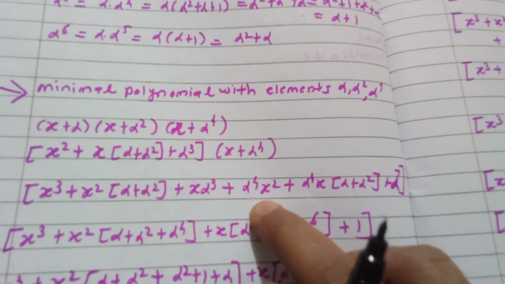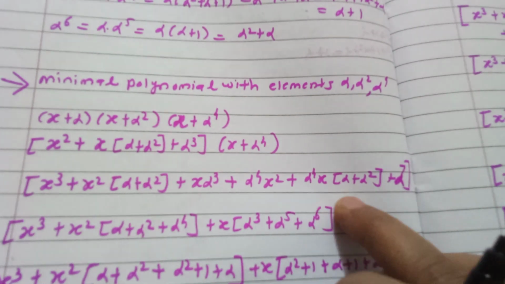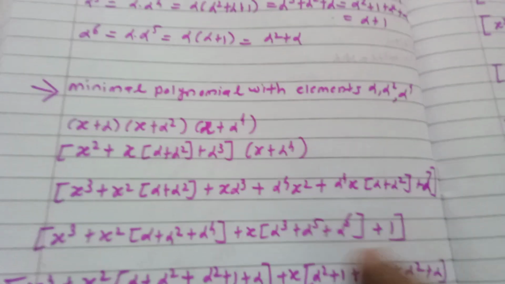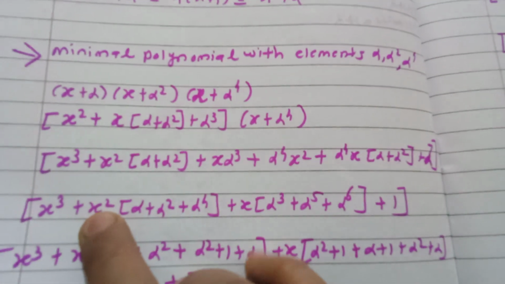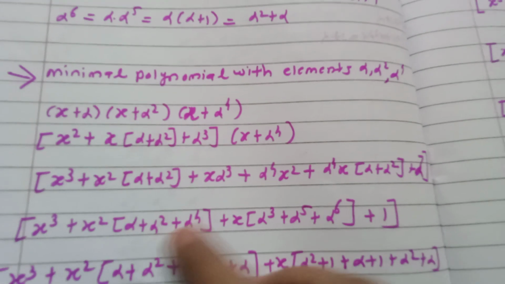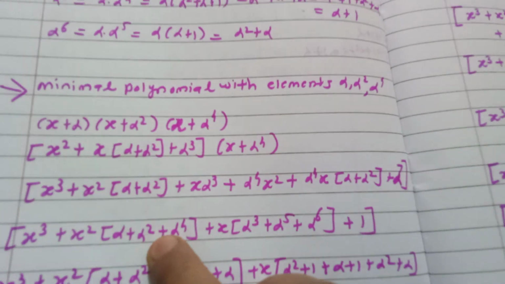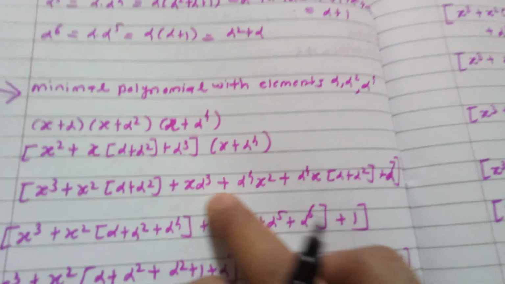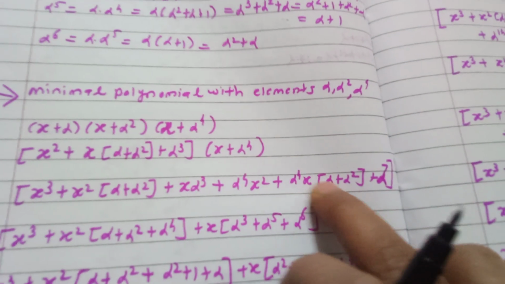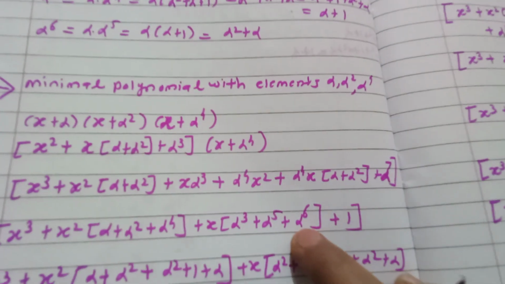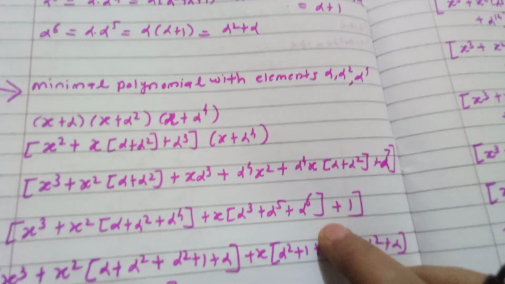So alpha raised to 4 x square plus alpha raised to 4 x alpha plus alpha square plus alpha raised to 4 plus 3 is 7. So x cube plus x square. Now combine the terms, alpha plus alpha square, here x square is there, so alpha raised to 4. Then x, so here alpha cube, then alpha raised to 4 plus 1 is 5, 4 plus 2 is 6, plus alpha raised to 7 is 1.